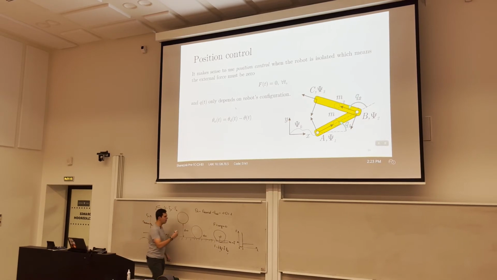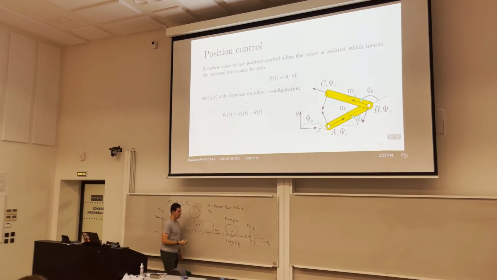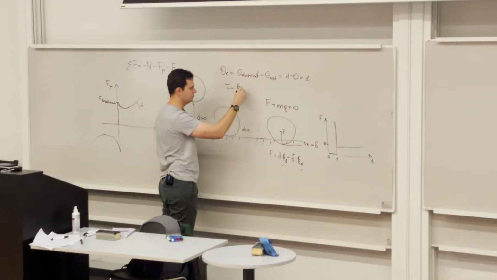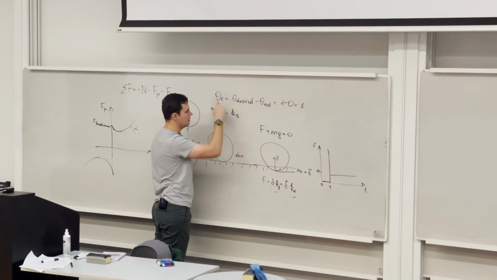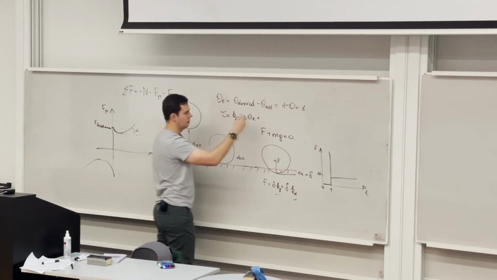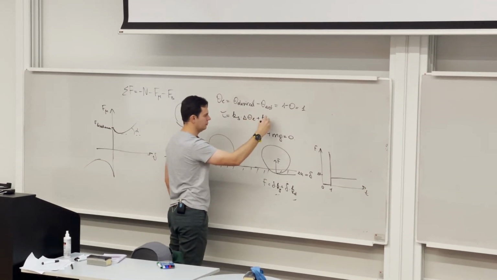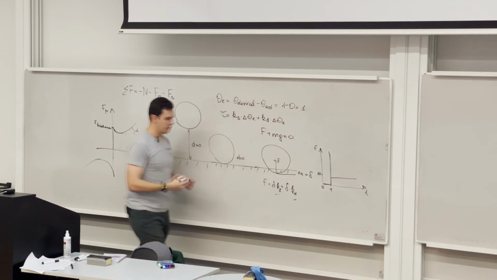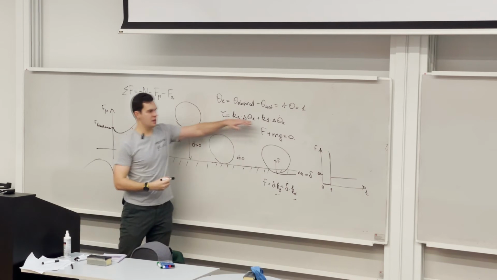So we can think about our controller as a multiplication of the coefficient of stiffness times the error plus the coefficient of damping times the derivative of this. It's like a mass and a damper.